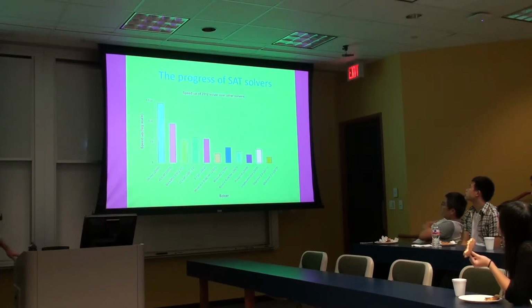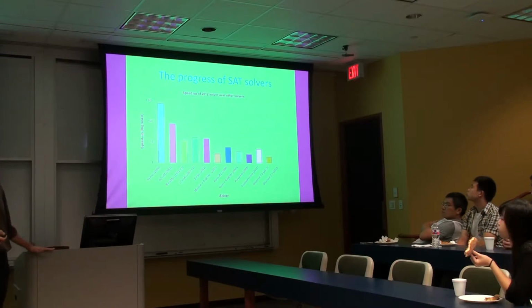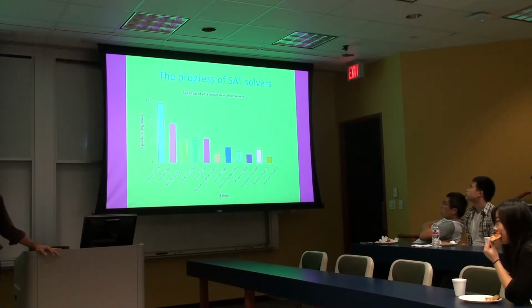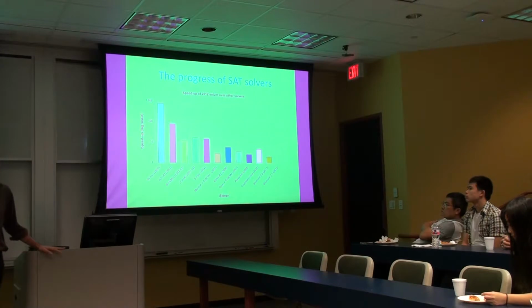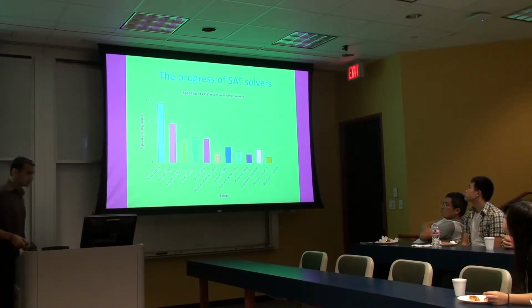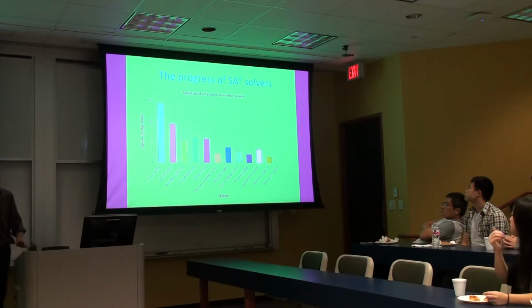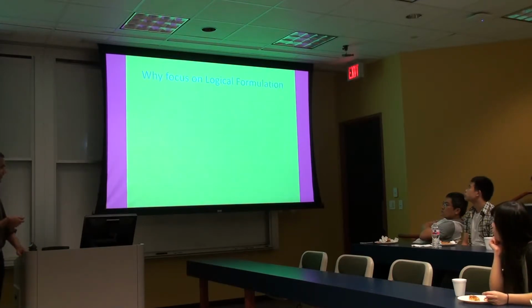What we see is that over a period of 12 years, the speedup was about 1,000 times, very similar to what Moore's law does in the world of computing. So SAT solvers have almost been following Moore's law, and if something is following Moore's law, it's better to work with it than not to.